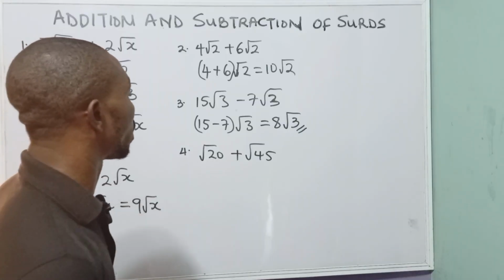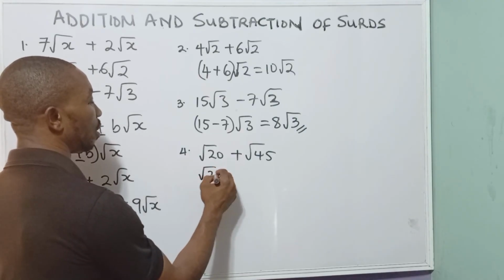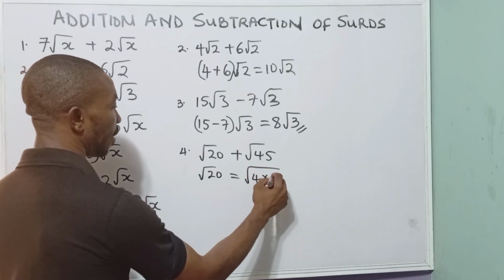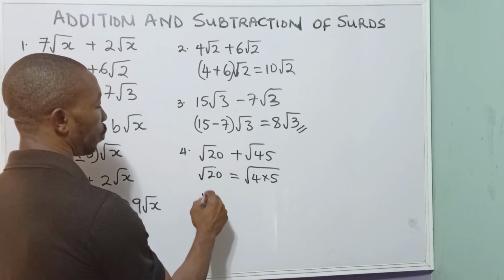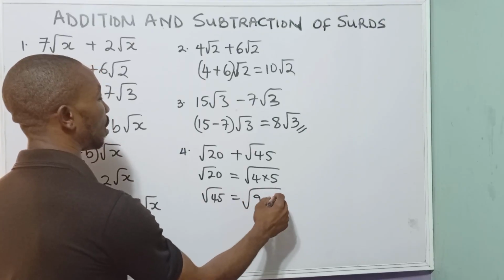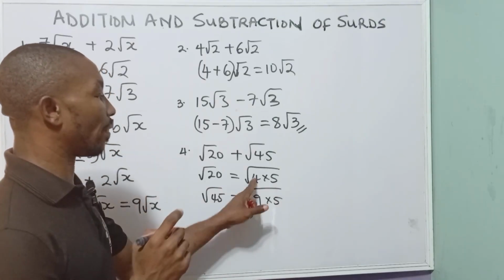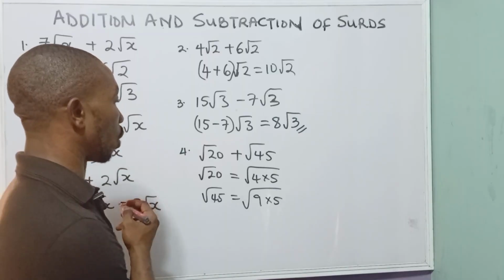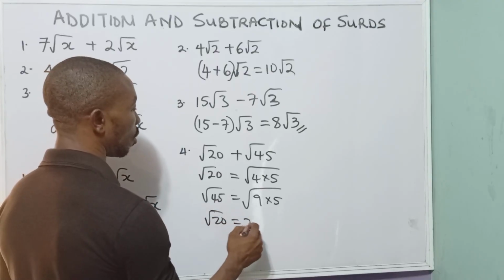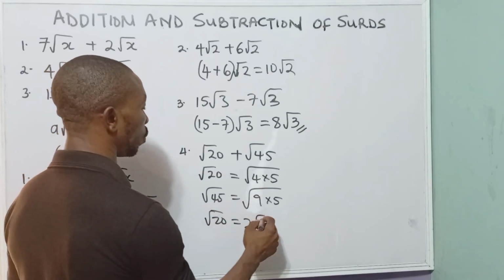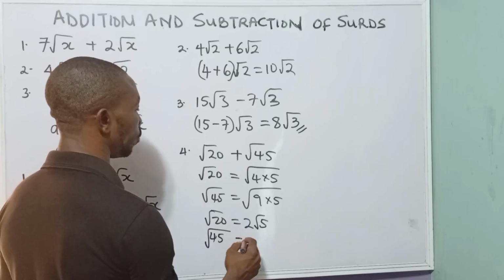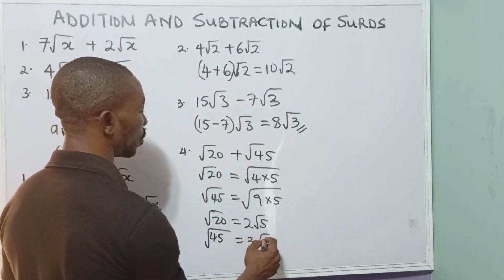Now, for root 20, we can simplify it to be root 4 times 5. Root 45 can be simplified to be root 9 times 5. Now, 4 and 9 are perfect squares. So root 20 can be rewritten as 2 root 5, and root 45 will be 3 root 5.